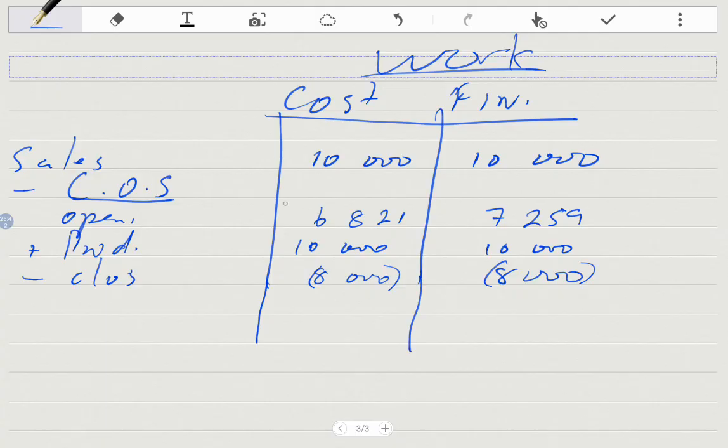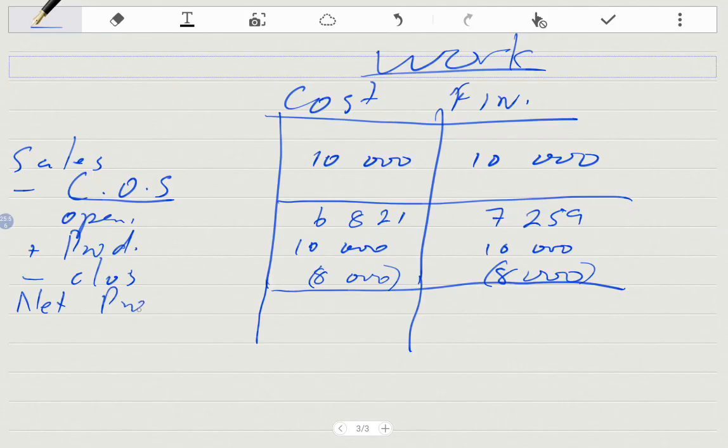Let's simply assume, guys, that we don't have any other cost or income. So it means your gross profit will be the same as your net profit. This is how you assist yourself to see how this difference influences your profit.